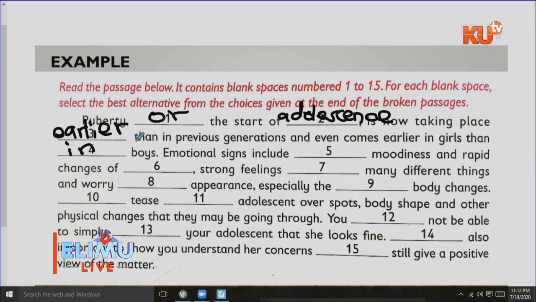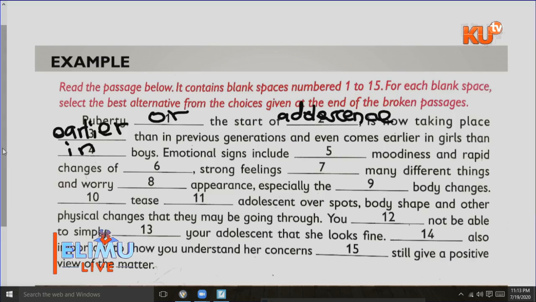Than tells you that it is comparative, so it will not be latest and it will not be earliest. You rule them out. Then you're given a distractor there, which is later. Now, you have to think. There it requires logic. Puberty, does it take place earlier than in previous generations or later than in previous generations?